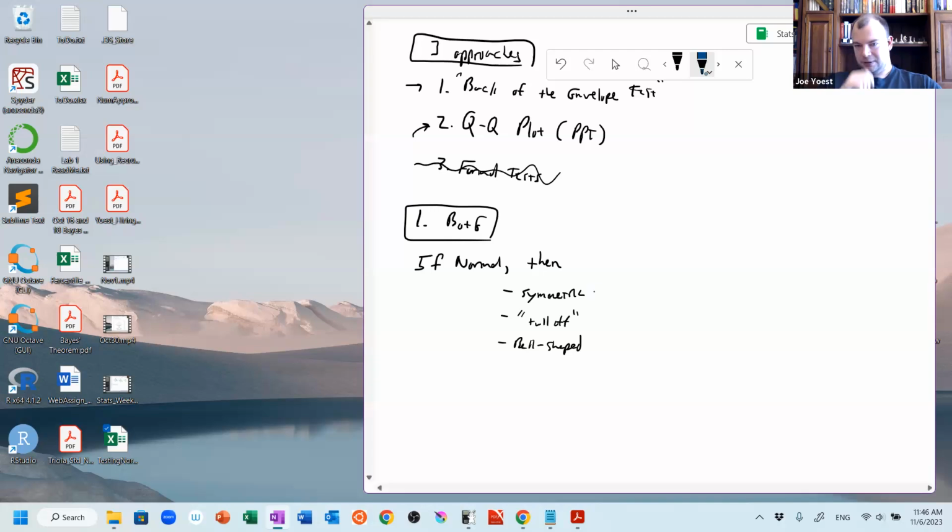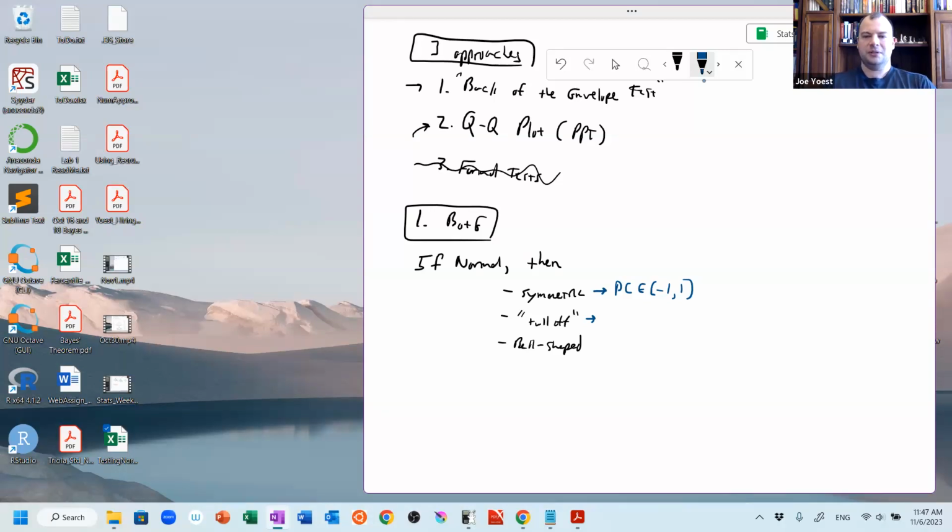In other words, if I expect to see symmetry, I would expect that the Pearson coefficient is between -1 and 1. If I expect it to tail off, well, one way to think of something that doesn't tail off to the sides is something that has a lot of meat in the tails, far away from the center of the distribution, right?